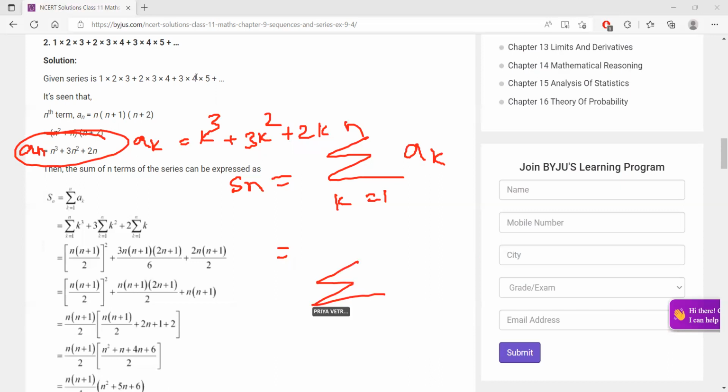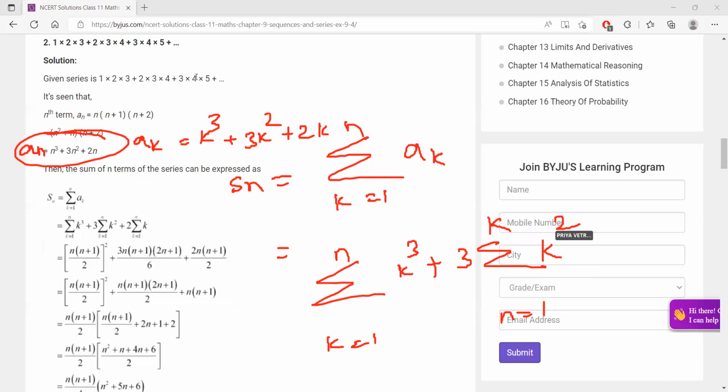So you can write it like this: summation k equal to 1 to n k cube plus summation k equal to 1 to n 3k square. You have 3 as a constant, which is multiplication. You can take it outside. I'm sorry, I'm getting confused between k and n. Plus summation k equal to 1 to n 2k. Again, 2 is a constant. You can take it outside. So this is how you will distribute. Do you have any doubt in this?